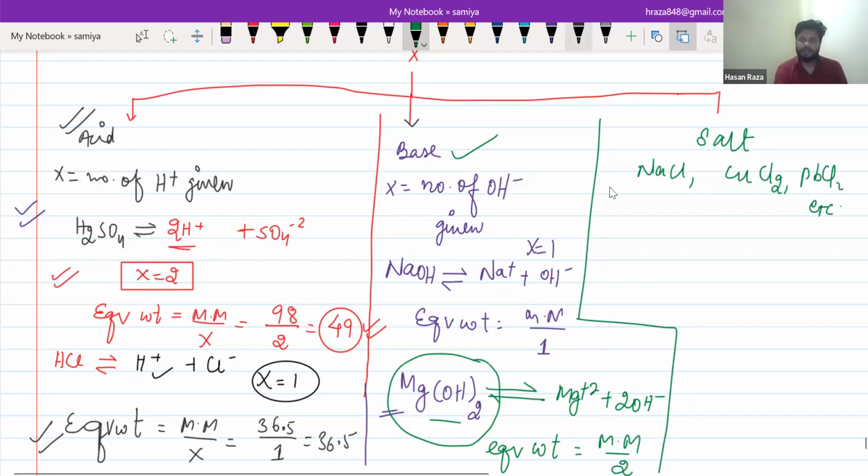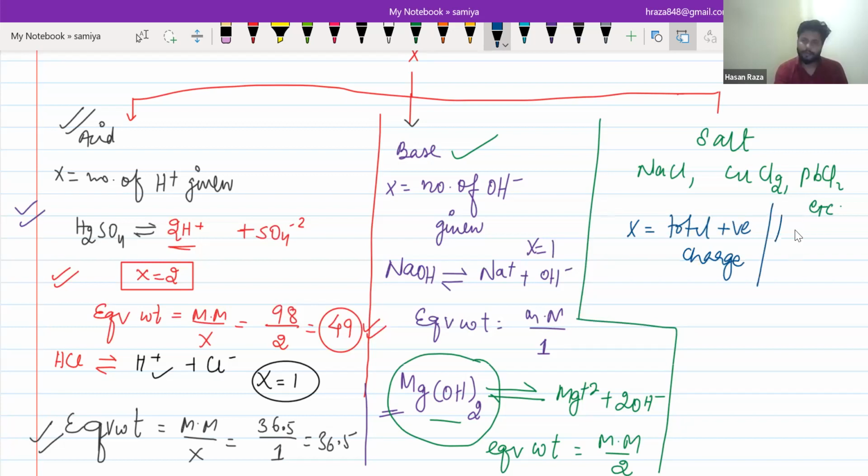In this case, X is equal to either the total positive charge or the total negative charge. Both will be equal because it is neutral.